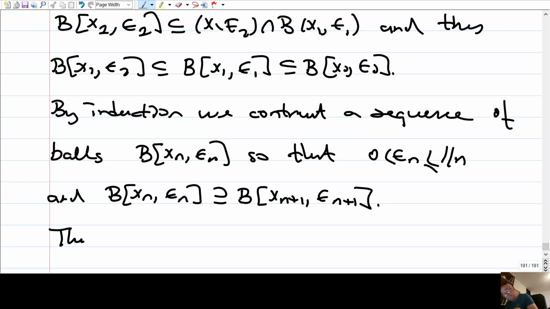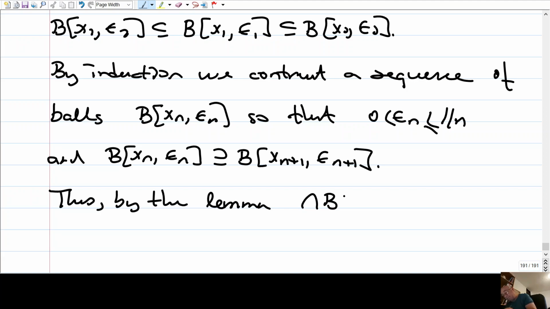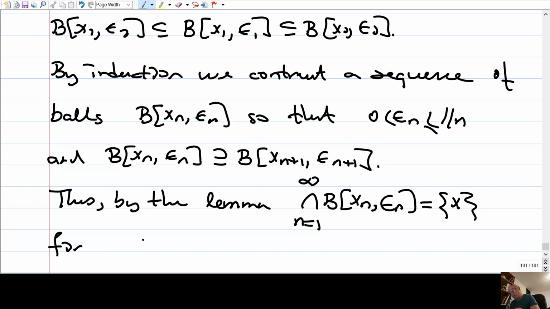Thus, by the lemma, the intersection of these balls is just {x}, where x is nothing but the limit of xn.